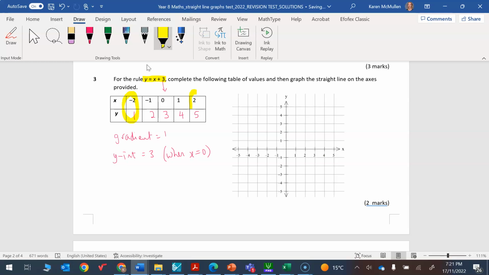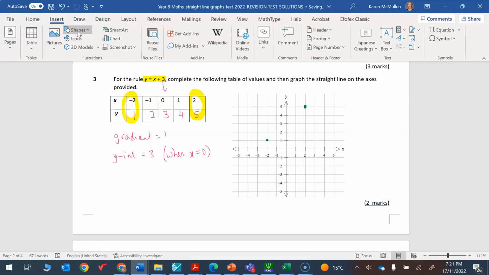So this point here and this point here, do them in green. So x equals -2 and y equals 1, which is here. And then 2, 5, which is up here. Now, if you can draw a straight line with your ruler, that's awesome.